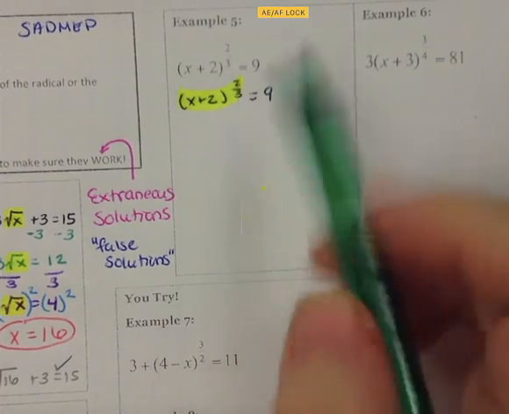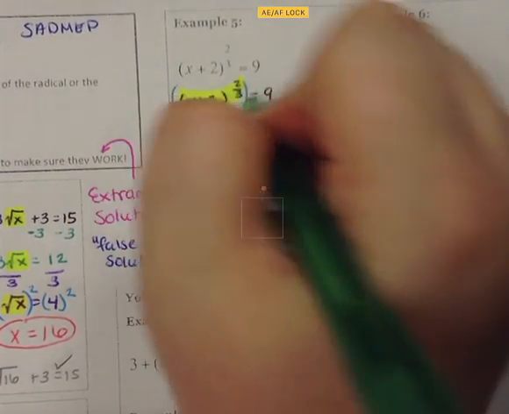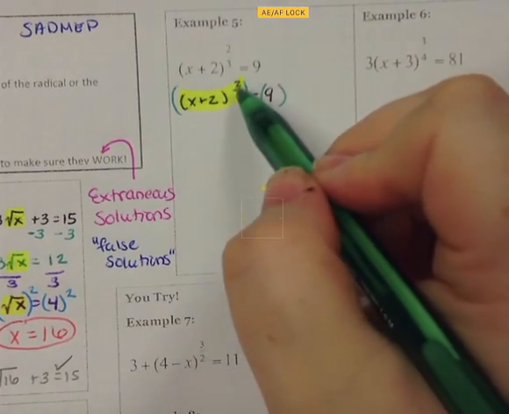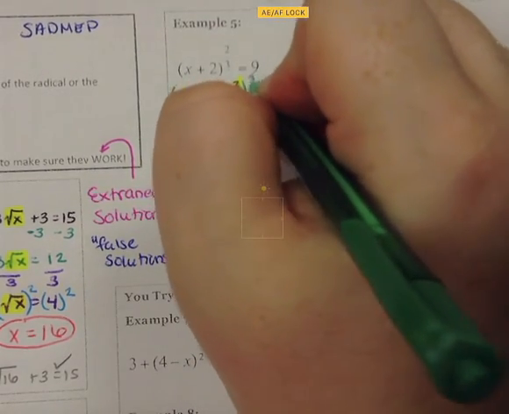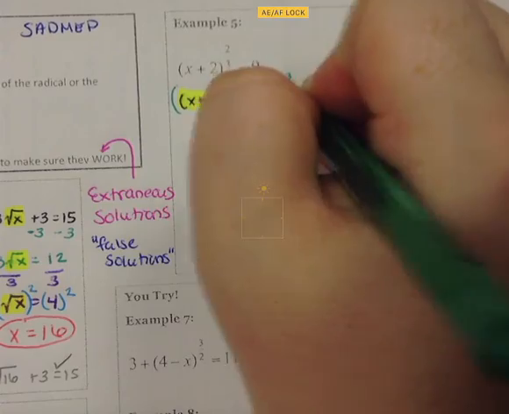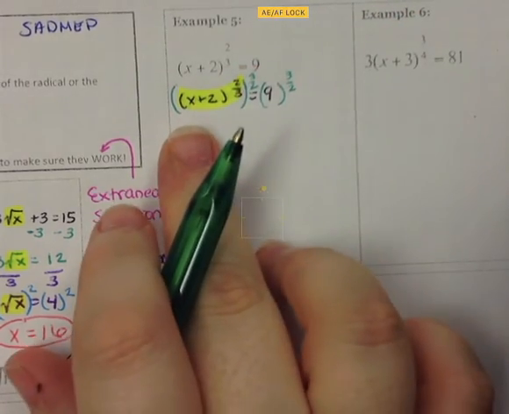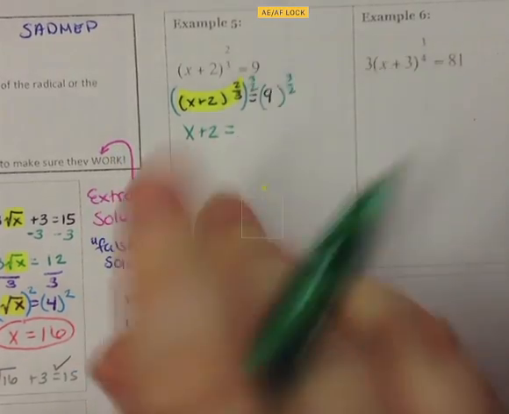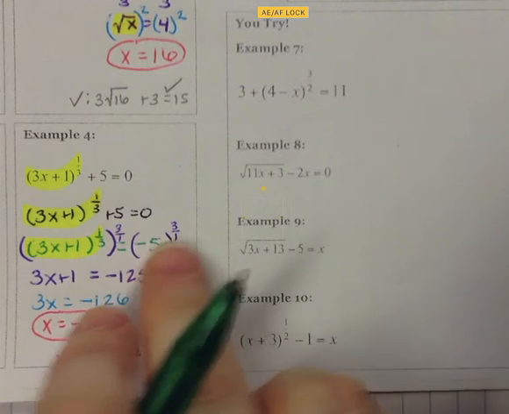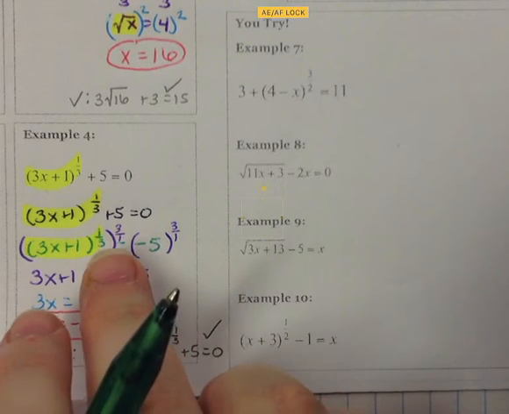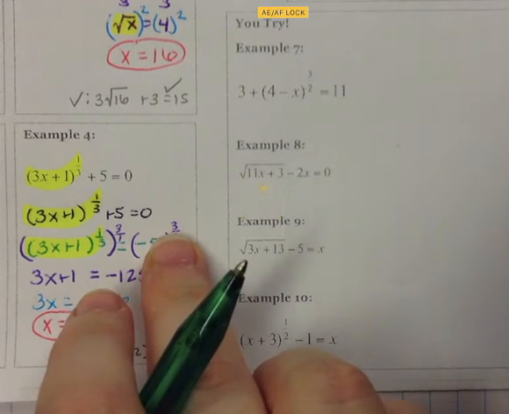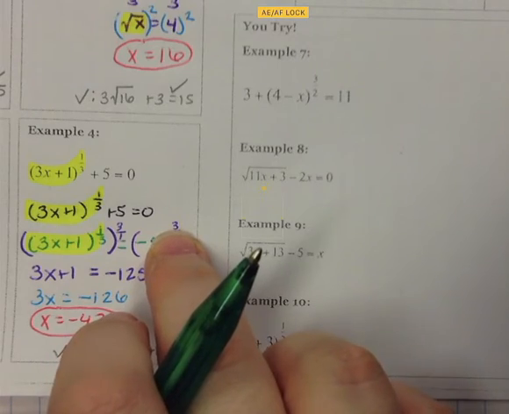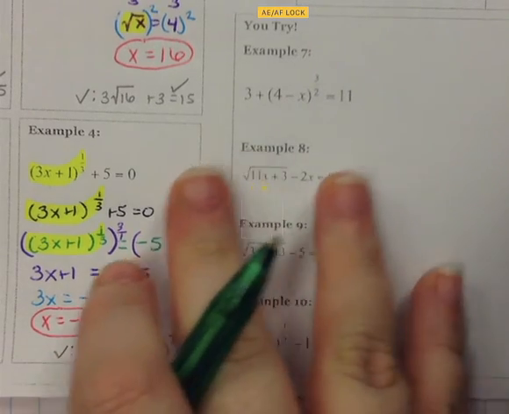So I have a fraction, so I'm going to raise it to the reciprocal. I'm going to raise both sides to the reciprocal of 2/3, which is 3 over 2. So on the left, I'm going to be left with x plus 2 equals. Now, because I'm dealing with the reciprocal, and I did it down here too, but I cubed it, I didn't have a fraction any longer when I cubed it. That made things a little bit easier.